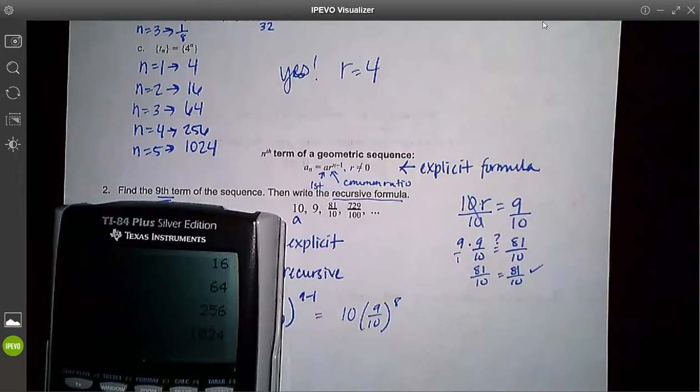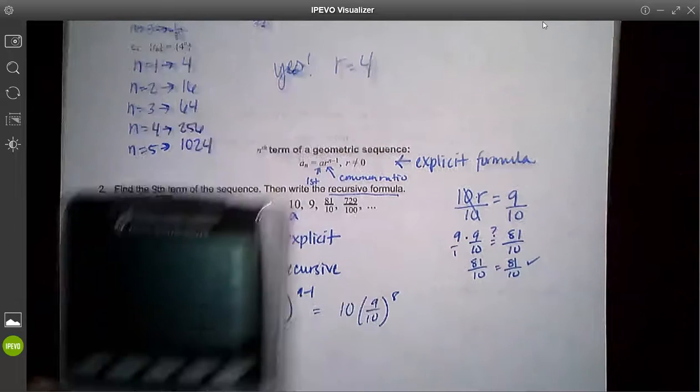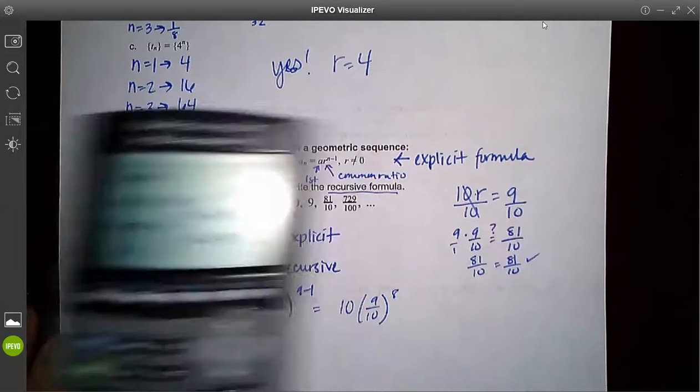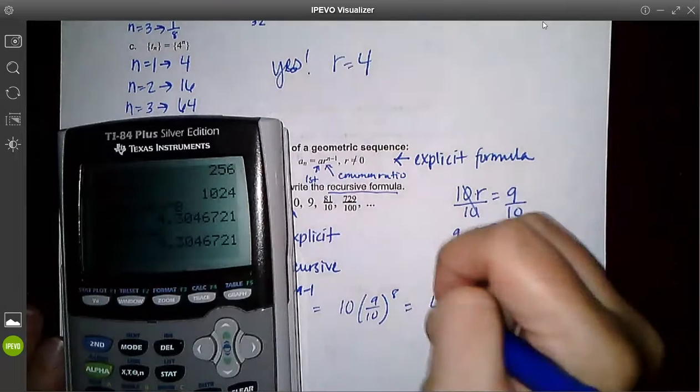And you get this. It's just too big of a fraction, too big of a numerator or denominator, for it to simplify to a fraction for you. I'm going to round that to 4.30.